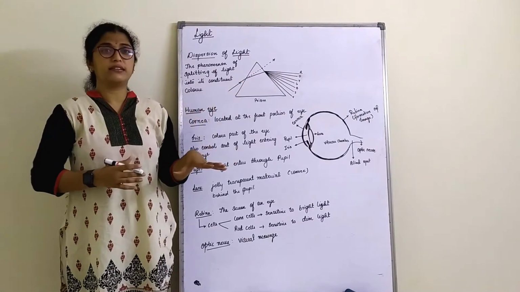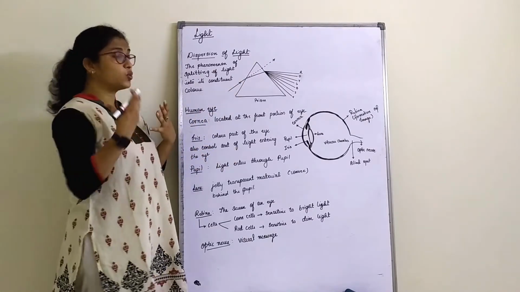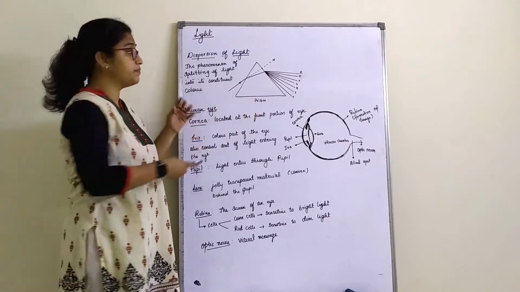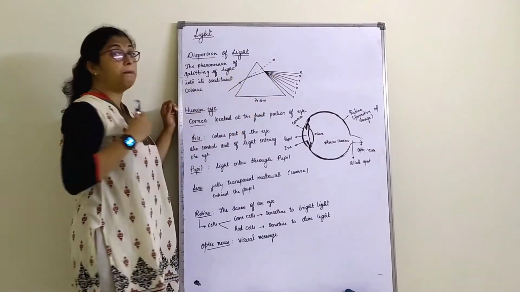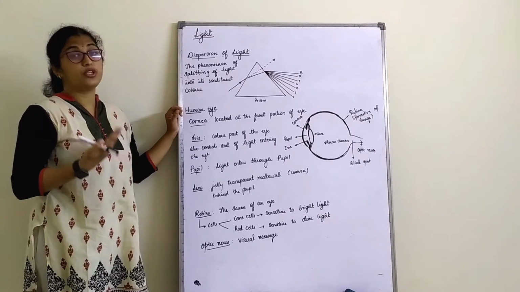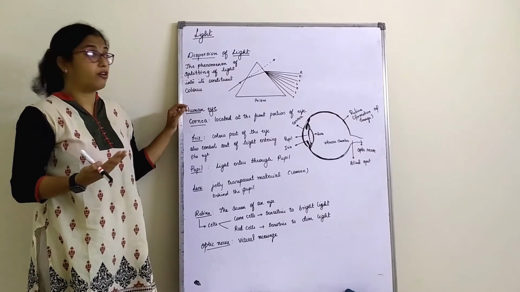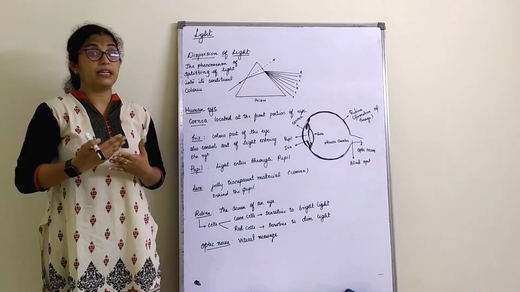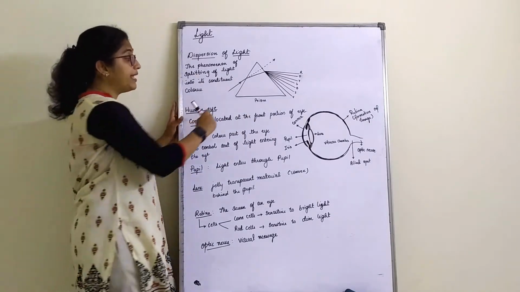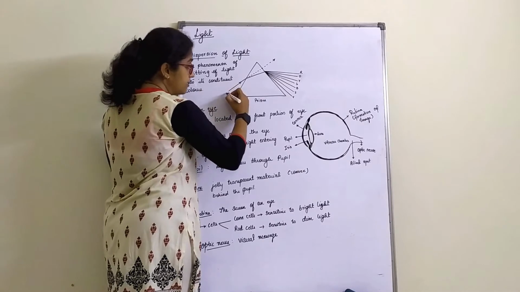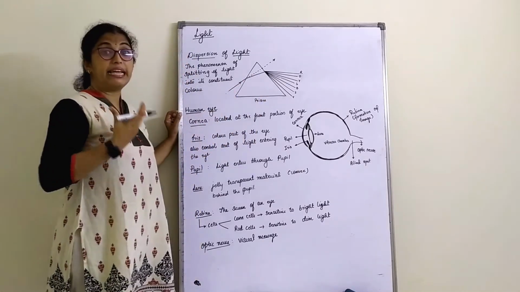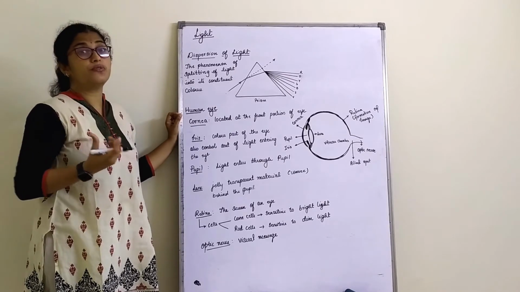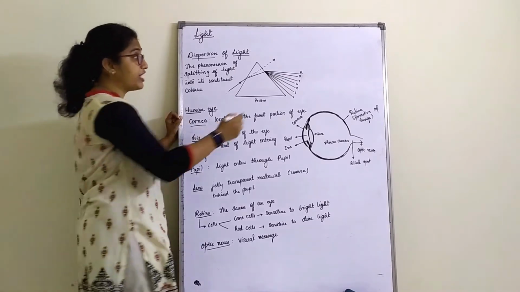Now actually here in your syllabus it is only given that a white light, when it is passed through a prism, it will split into a band of 7 colors, which we all call VIBGYOR, that is rainbow colors, right? But the actual phenomenon behind this is when a white light enters a prism, there is a refraction happening. Now this is a new word that you are listening to, refraction.